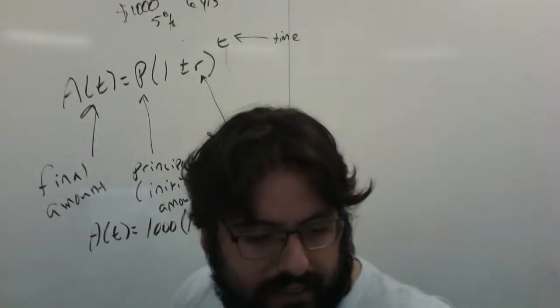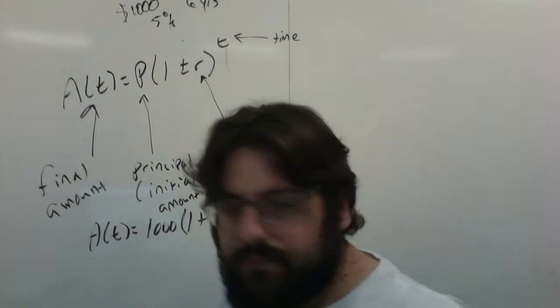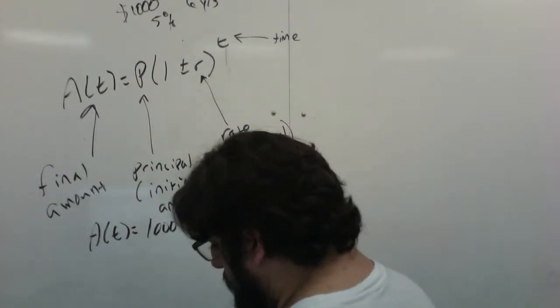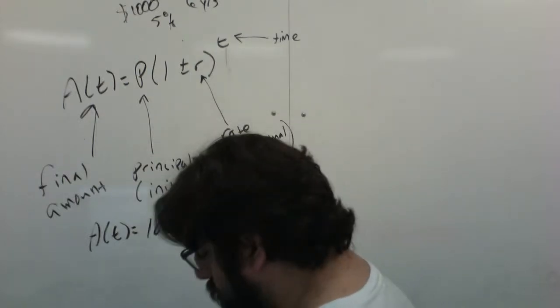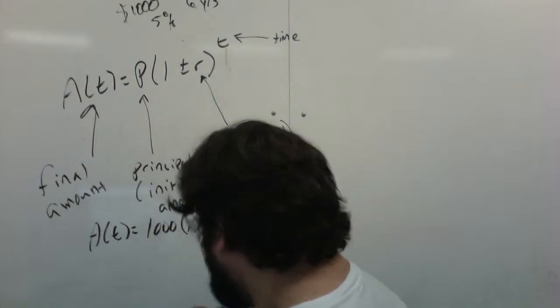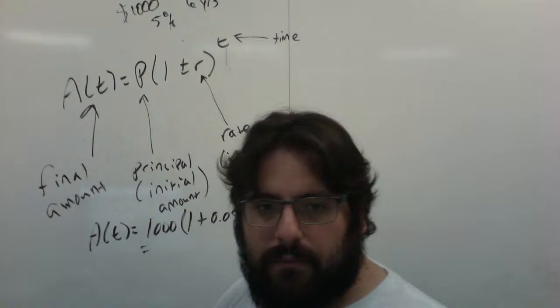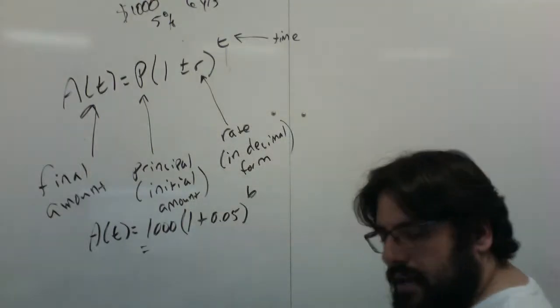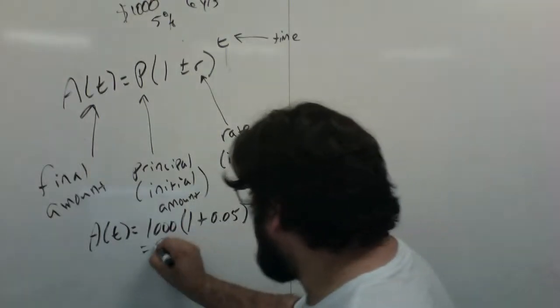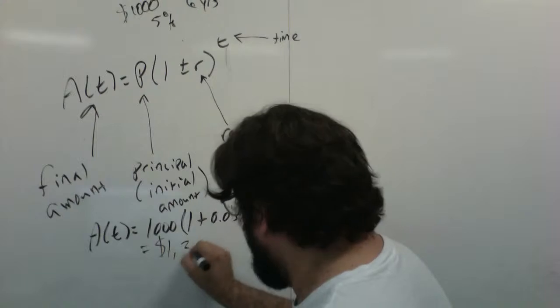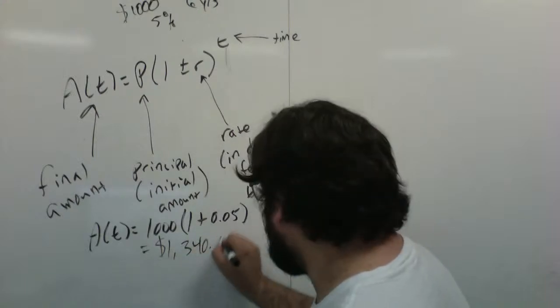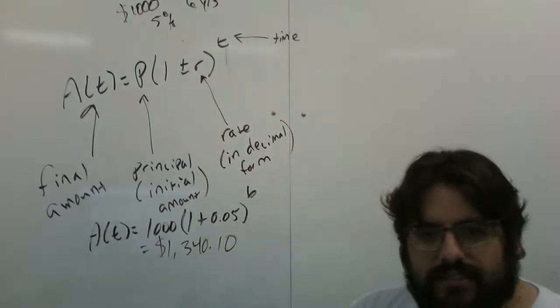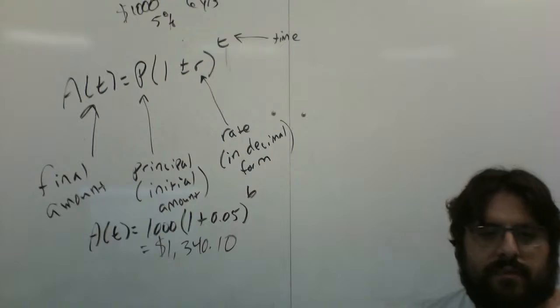Let's go ahead and calculate that. So I got 1,000 times 1.05 to the 6th, and we're going to round to 2 decimal places because we're talking about money. Then that's going to give us a total of $1,340.10.